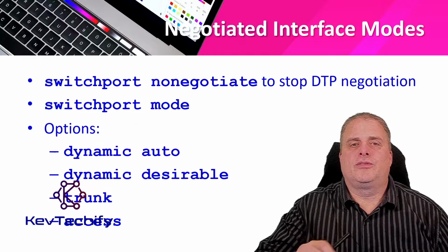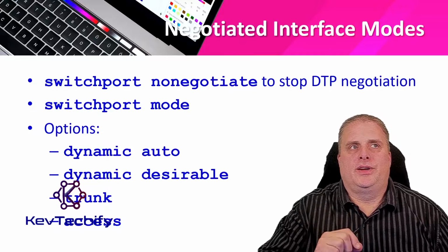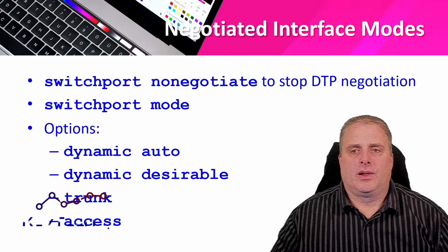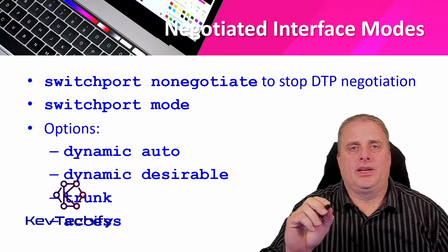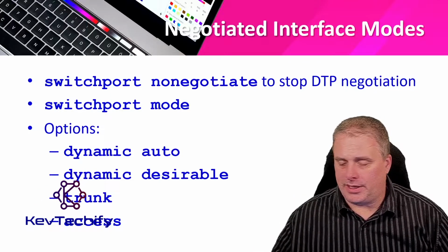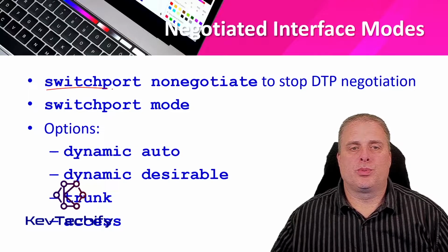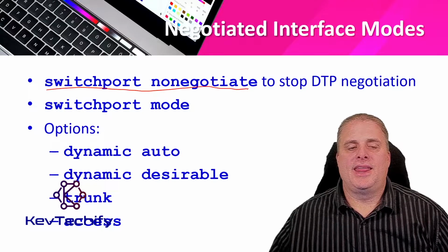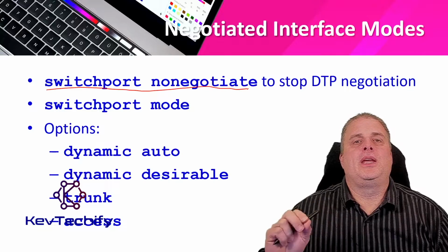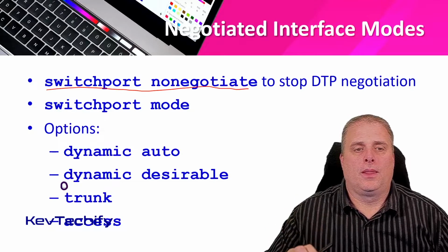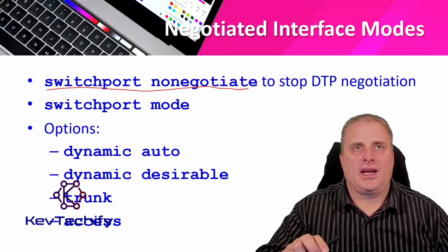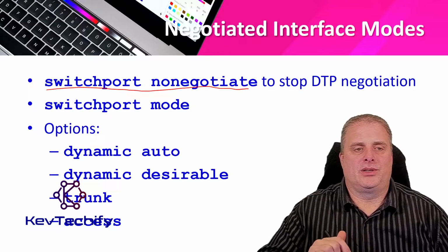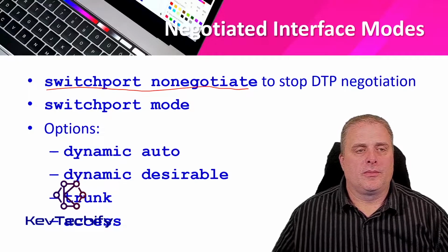The modes we have for negotiating an interface, there are 4 modes. Once again, to stop Dynamic Trunking Protocol from happening, we enter switchport nonegotiate. That turns DTP off. But if we're going to use it, we have 4 different options for setting up our DTP.